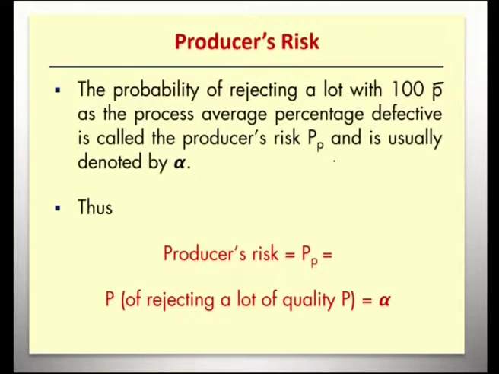So, P of P is usually denoted by alpha. Therefore, producer's risk P of P is equal to probability of rejecting a lot of quality P bar, and it is equal to alpha. Alpha is called producer's risk and beta is called consumer's risk.